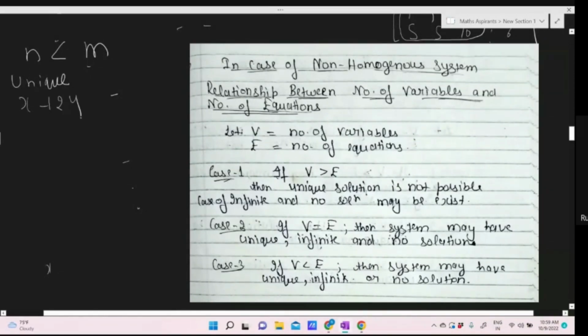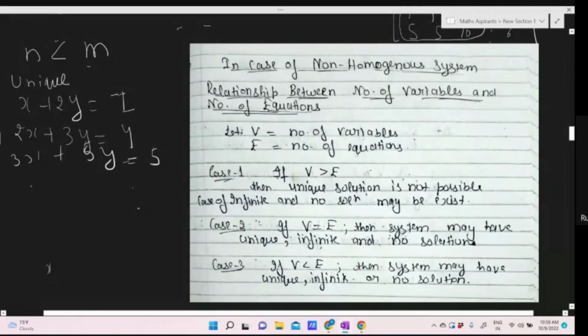x plus 2y equals 1, 2x plus 3y equals 4, and the third one is 3x plus 5y equals 5.